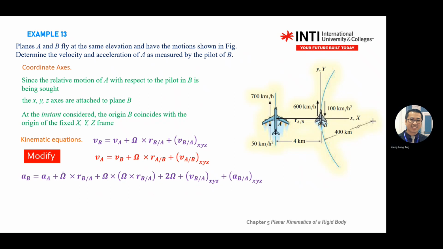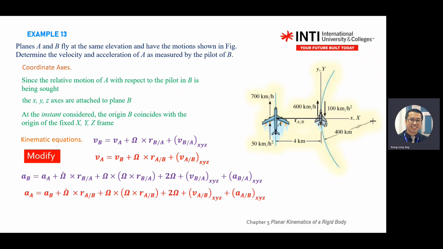This is BA, because this case asks you from B. The question asks you to measure from B to A. So you flip this one. B relative to A means you measure from A, but here you measure from B, so you flip this one. Same with here.